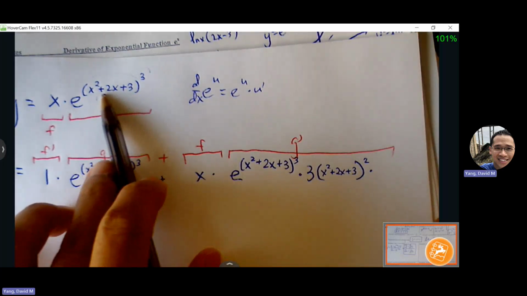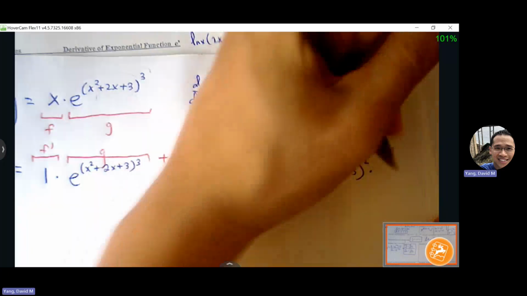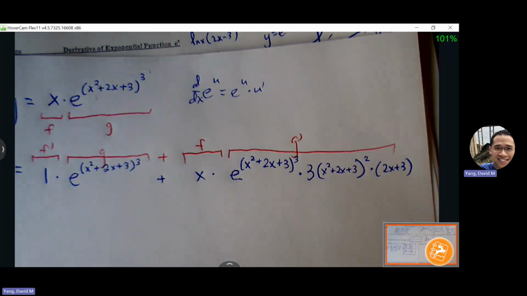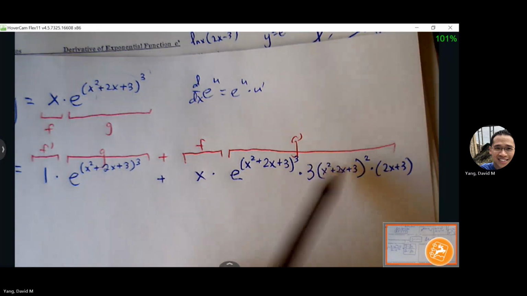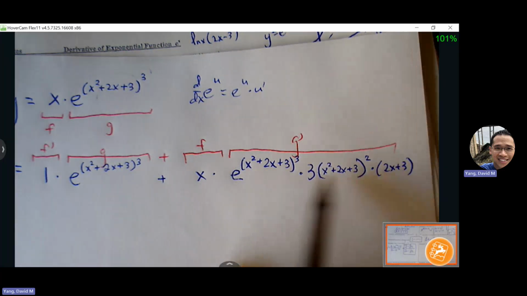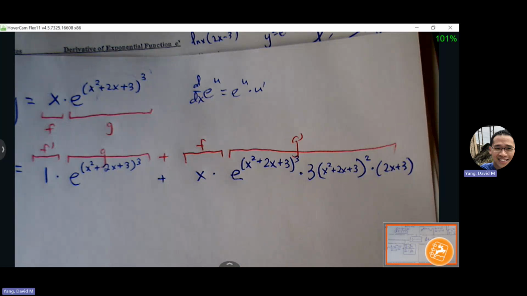So times what? 2x plus 2. So it's kind of like this nested chain rule. You've got the outside, the inside, and the inner portion, and they're all going to get put together here.